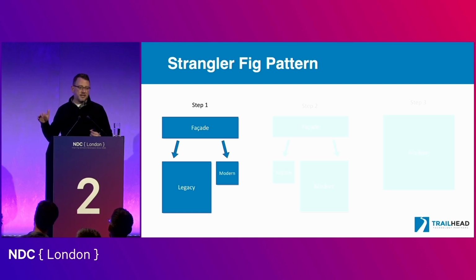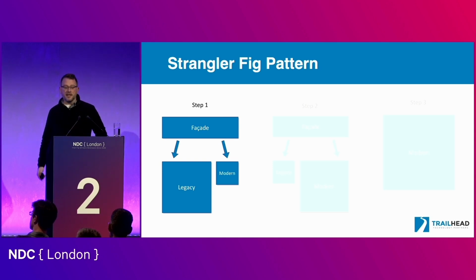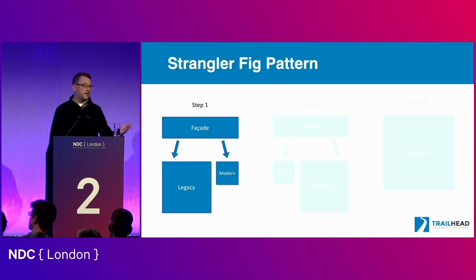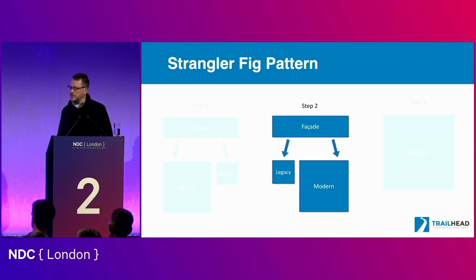You put a facade layer that ties those two together and makes them look to the consumer, whether that's the end user through the UI, or an API layer, like one coherent thing. If you have that facade layer, then you can gradually migrate or even rewrite parts of that application, moving it over into the modern application.